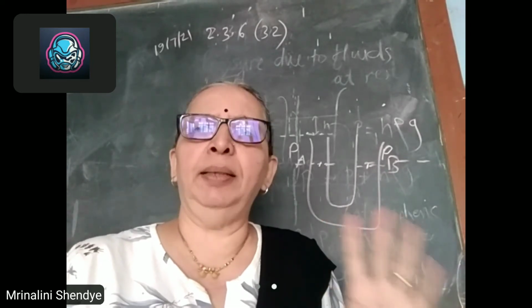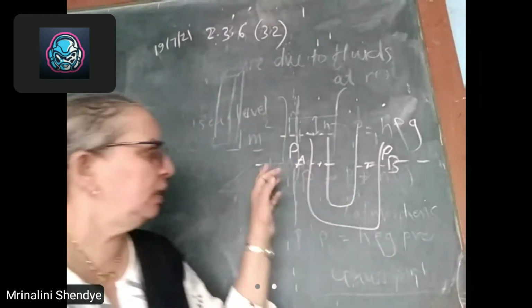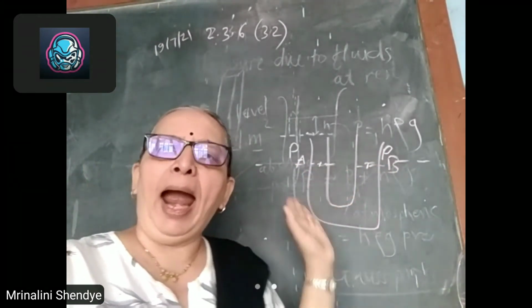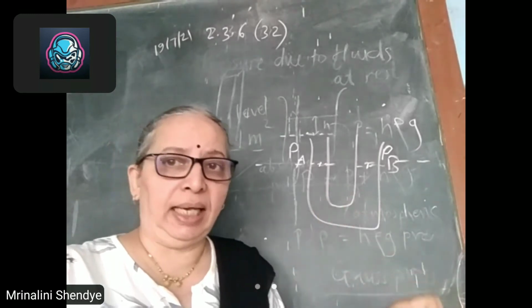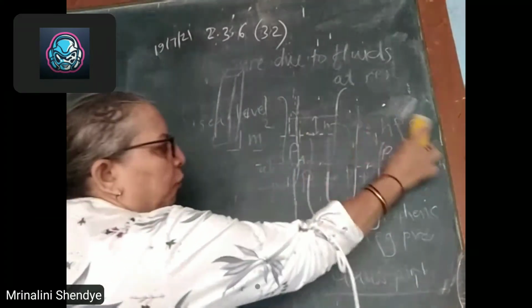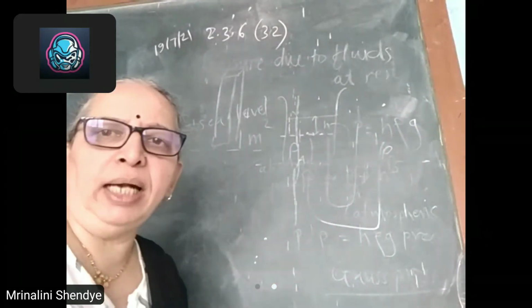This is the main thing. So based on the technique that pressure at one level at all points is same, you will get one more interesting phenomenon which is called hydrostatic paradox.